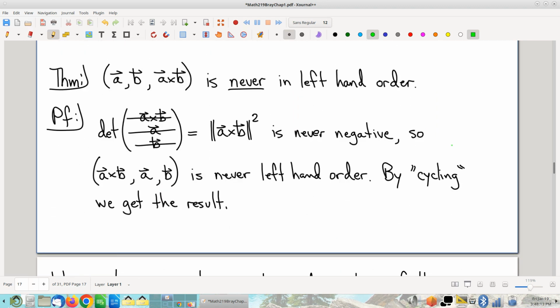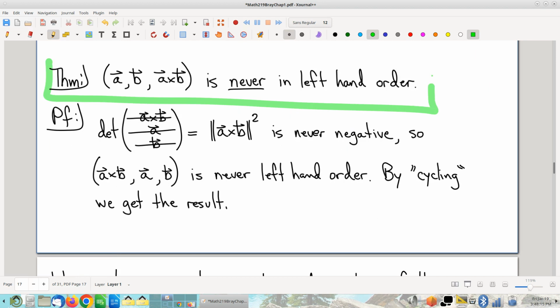Here's another theorem that I'm going to state incorrectly, just for convenient intuition purposes first, and then we'll fix it. This list: first vector, second vector, cross product. This is not ABC. This is a very specific list: A, comma, B, comma, specifically the cross product of A and B. That list will always be in right-hand order.